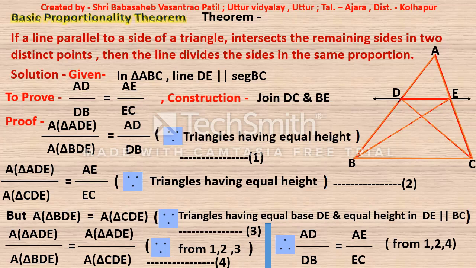Both LHS sides of equations 1 and 2 are equal because the numerators are equal and the denominators we showed equal in equation 3. We write the reason: from equations 1, 2 and 3. That is equation number 4.